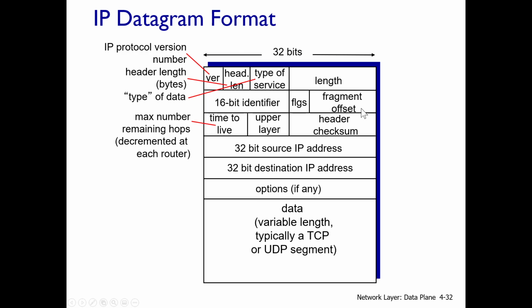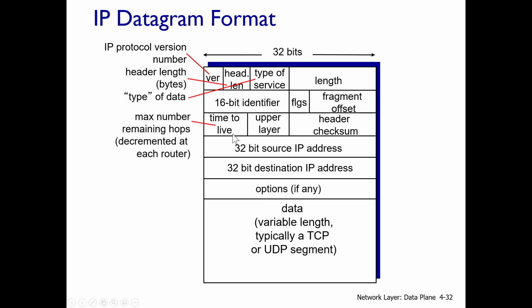We will learn fragmentation. We have time to live. Time to live is basically the maximum number of remaining hops. Each time a router receives a packet, it decrements the time to live. Remember traceroute, whenever we talk about traceroute.